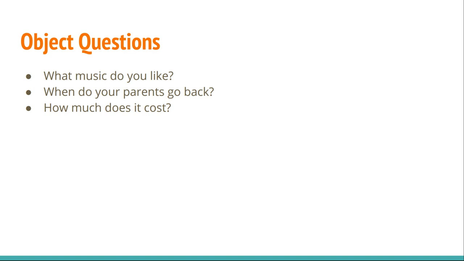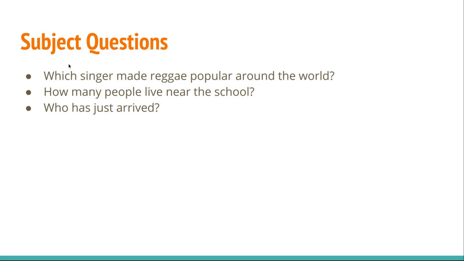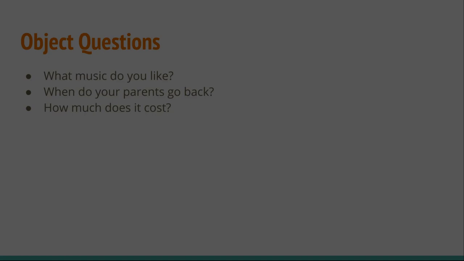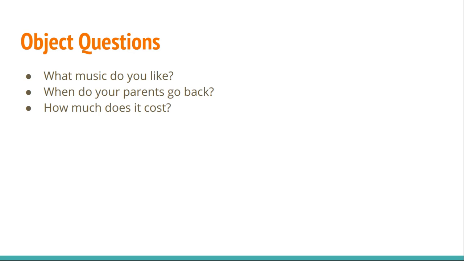In the subject question, the subject of my clause is the WH element, and in the object question, the subject is after the verb, after the auxiliary specifically. So don't forget about these two different types of questions and why we use auxiliaries with some and why we don't use them with others.